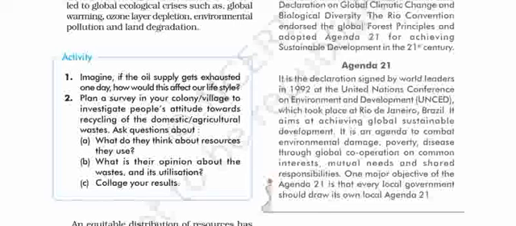It is an agenda to combat environmental damage, poverty, disease through global cooperation on common interests, mutual needs, and shared responsibilities. One major objective of the Agenda 21 is that every local government should draw its own local Agenda 21.